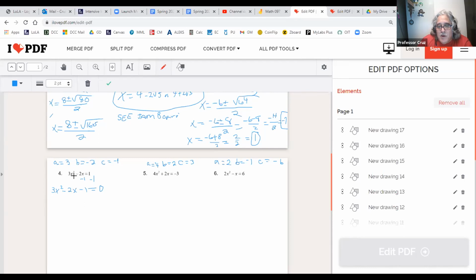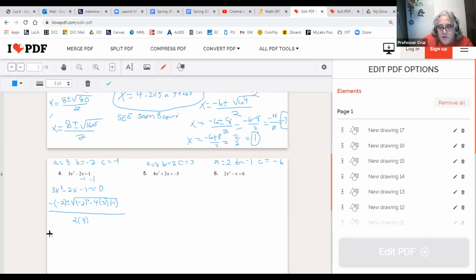So A is equal to 3, B is equal to negative 2, and C is equal to negative 1, just like I said. So that's going to be negative, negative.